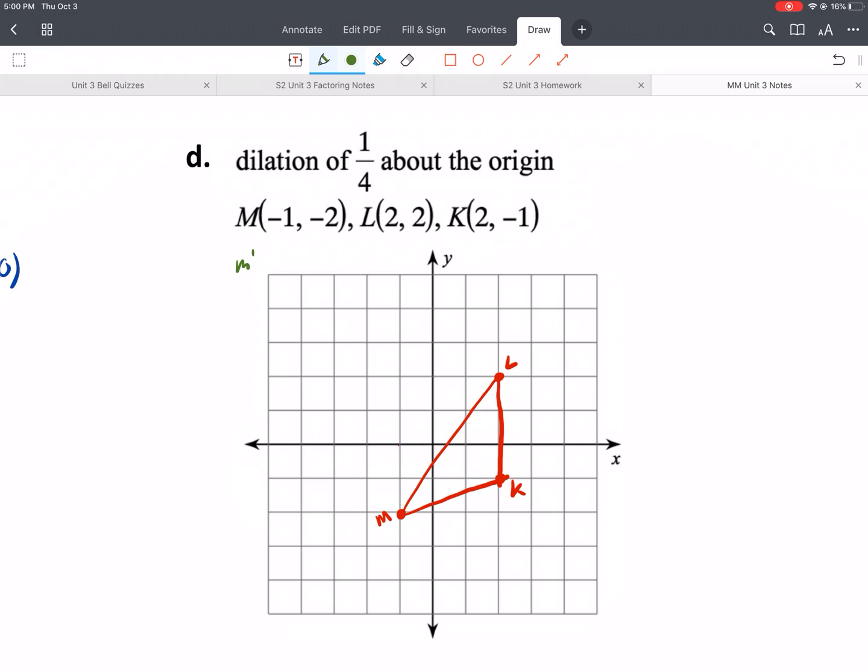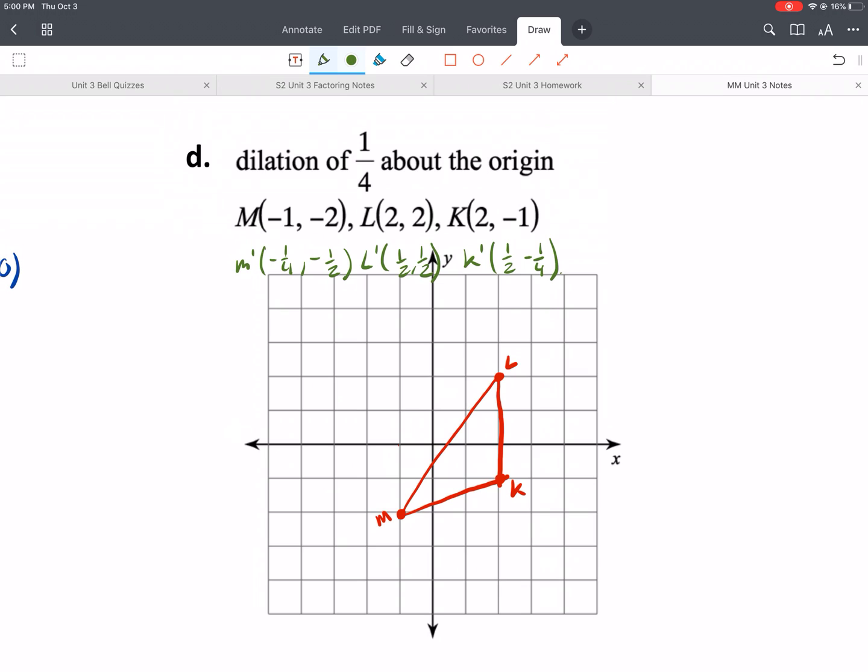So M prime would be -1/4, -1/2. L prime would be 1/2 and 1/2. And K prime would be 1/2 and -1/4.